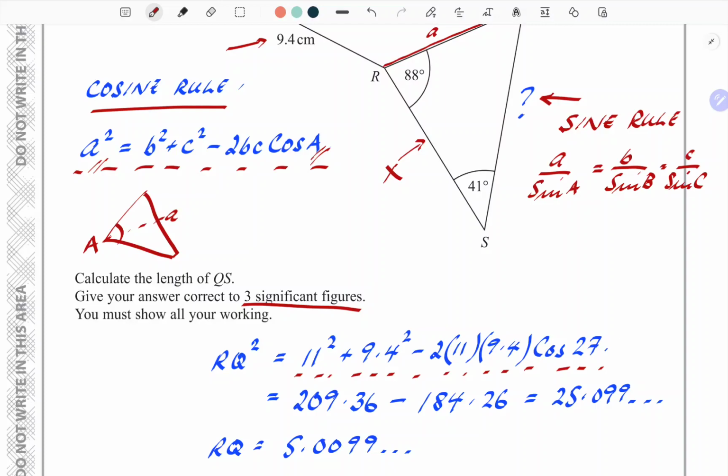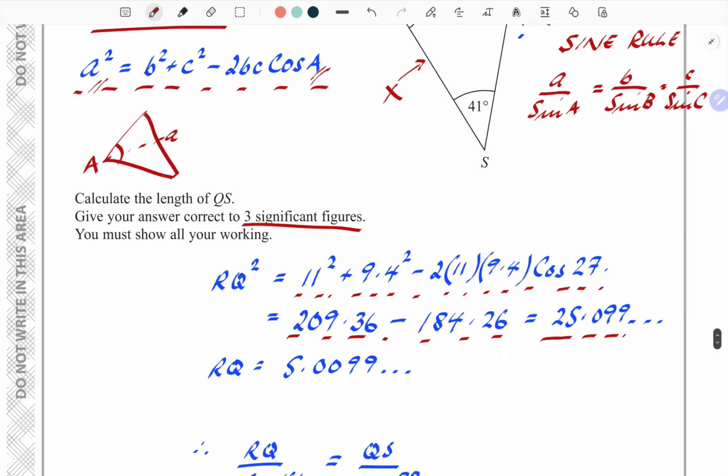It helps in case you get an incorrect number or a number that you think is impossible. It's easier to go back and see where the mistake is. So I've got 209.36 minus 184.26, and that gives us a value of about 25.099.